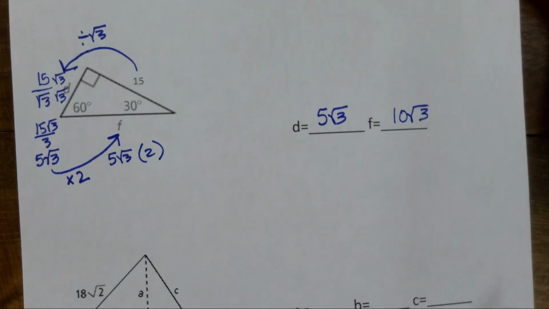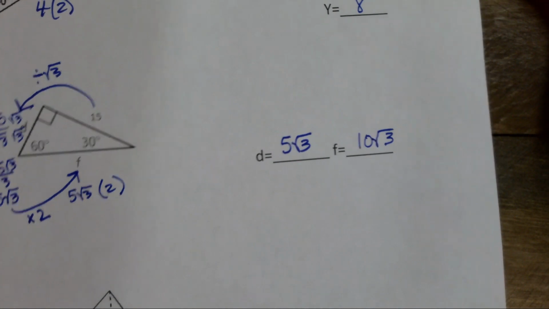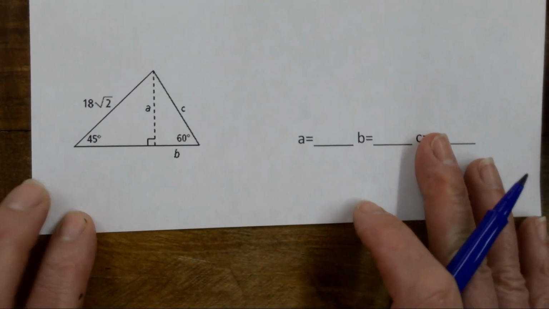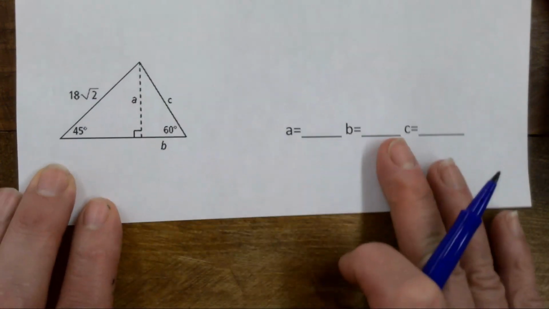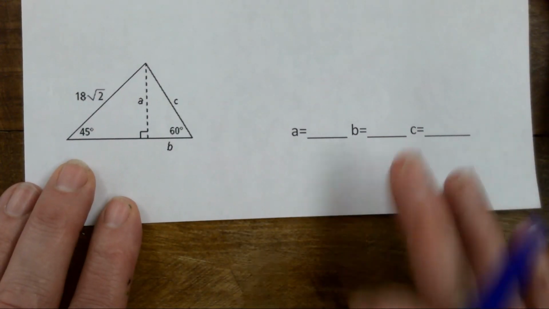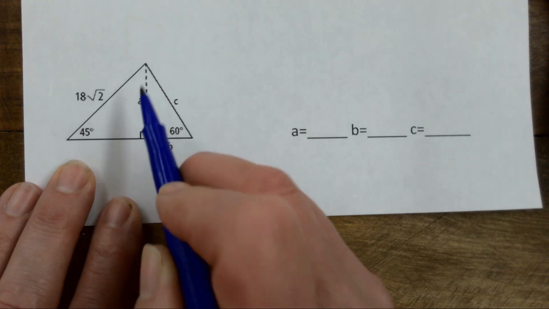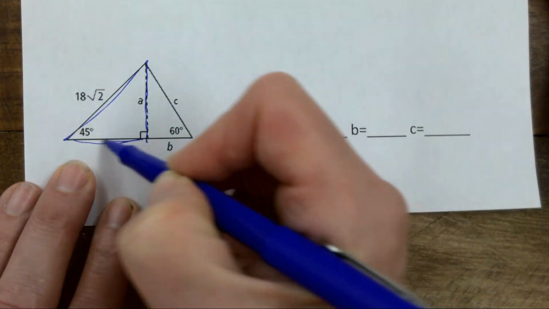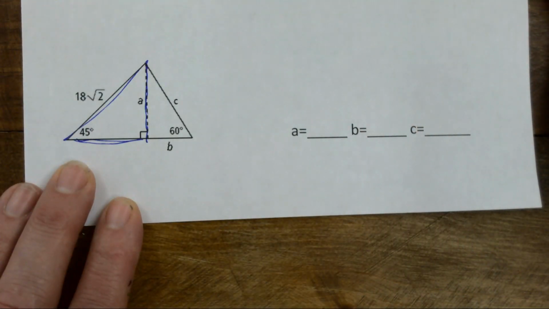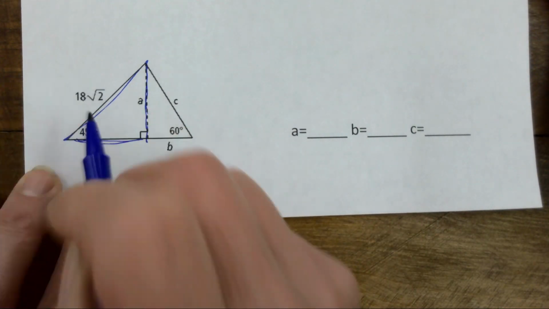Like I said earlier, sometimes you're going to have to pay attention to what you're given. When you use your rules, you can't just jump in. Just because we talked about this today doesn't mean it's the only rule out there. So if I'm solving this triangle that I have, how do I get to A? This is a 45-45 right triangle. Go for it. 9 times square root of 2. How do I get there?